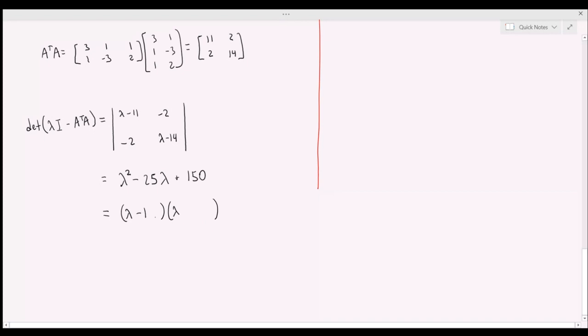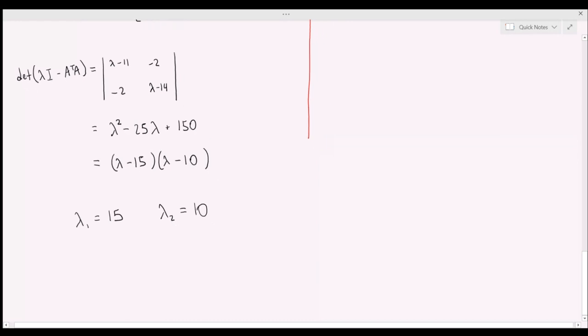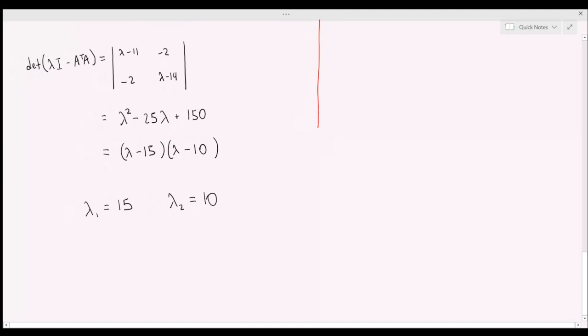Okay, minus 15 and minus 10. Yeah, so that would add up to negative 25 and multiply to be positive 150. Great. Okay. So then we have 2 eigenvalues. Lambda 1 would be the largest one, 15. And then lambda 2 will be the next largest one, which is 10. So in this case, we didn't have any 0 eigenvalues. But if we did, then you could just ignore them for the reduced SVD, okay?